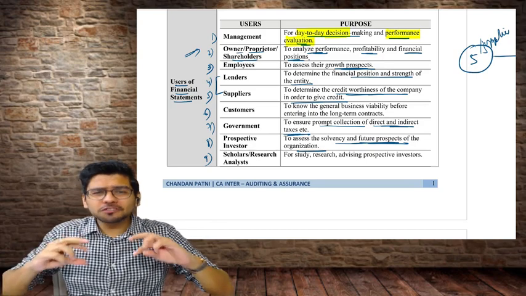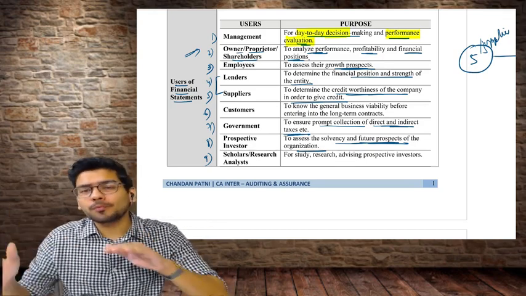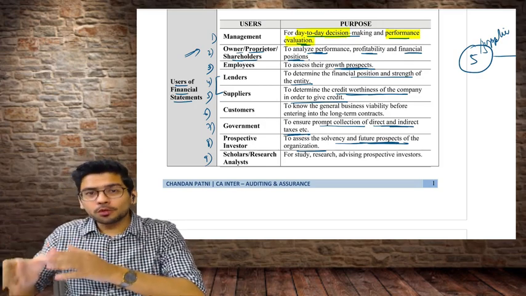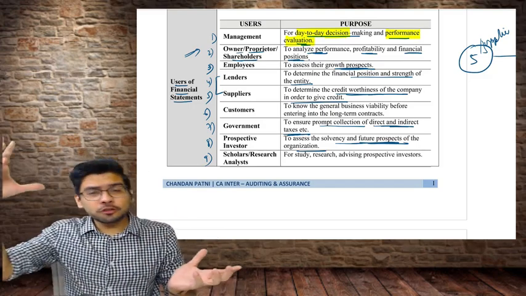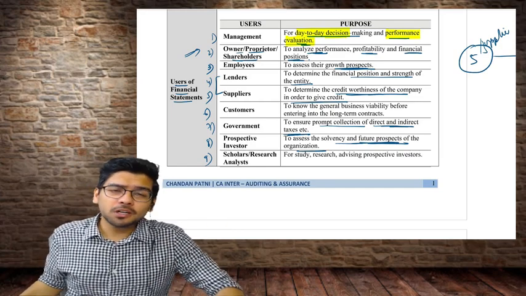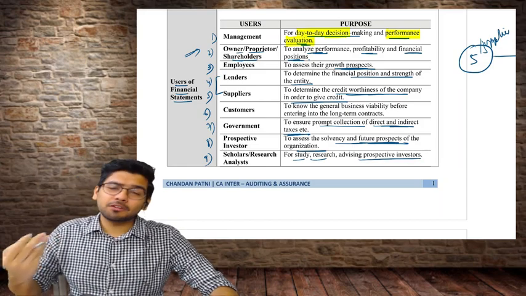There are a lot of scholars and research analysts who use the financial statements to make comparisons. Let's say we are doing a comparison of Reliance Industries of 2020 with the figures of, say, 1990, and then they'll show you the growth prospects. So researchers and scholars also use the financial statement, for study, research, advising prospective investors, etc.